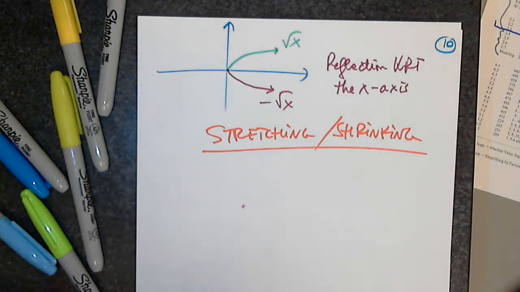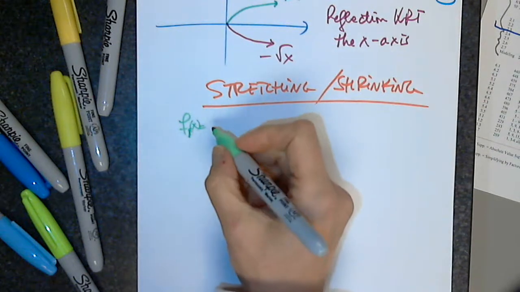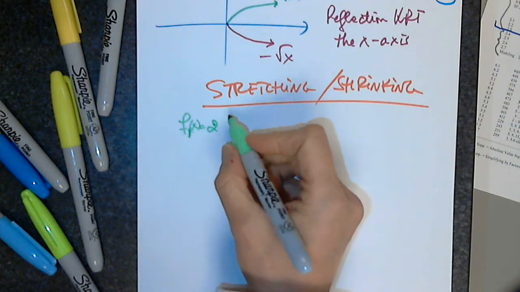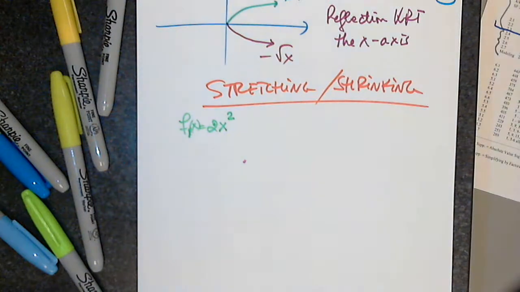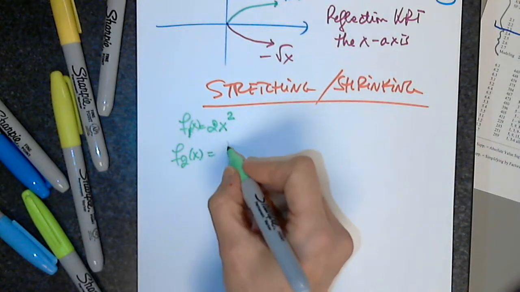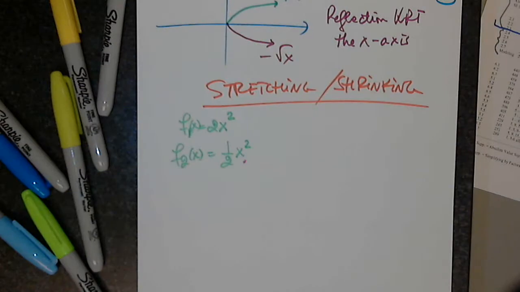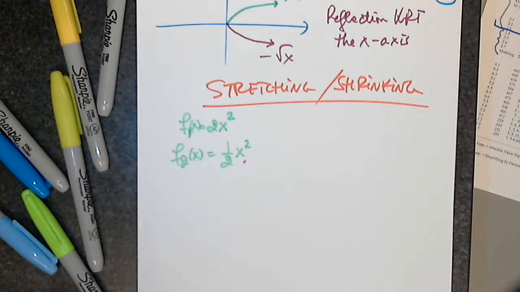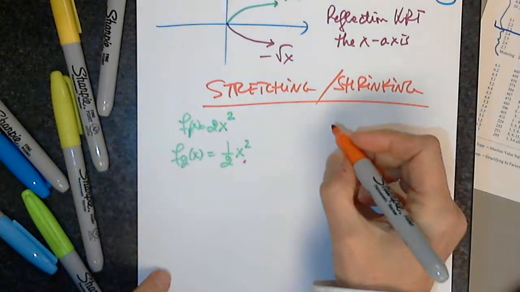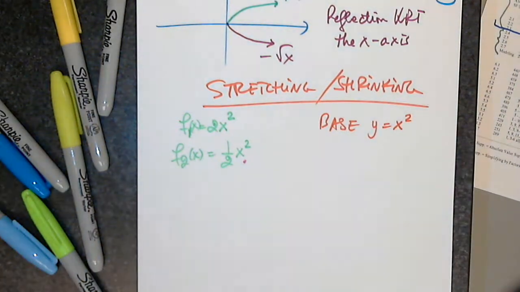Okay, I'm back to my F1 of x, 2x squared, and F2 of x, 1/2 x squared. Which function did I use as the base function to create these two new functions? Quadratic, very good. So the base is y equals x squared.